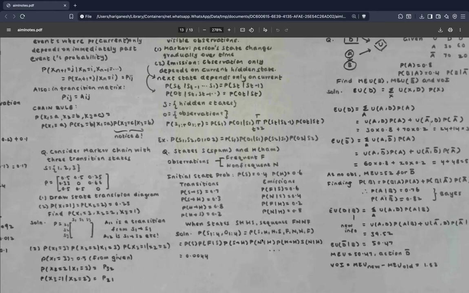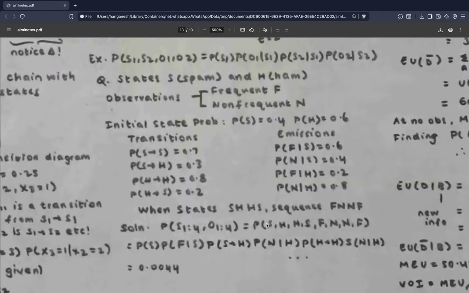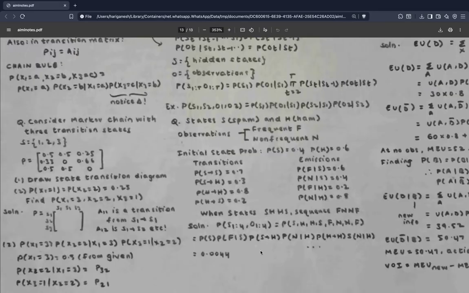So S, H, H, S is your S, and F, N, N, F is your O, and we applied this formula to this: P of S, P of F given S, P of S to H because H comes after S, P of N given H because that is our second O, and then the probability of H to H because we're going from H to H, and then the probability of N given N. And then next will be the probability of S given H times the probability of F given N. So you basically multiply all of those and you get 0.0044.